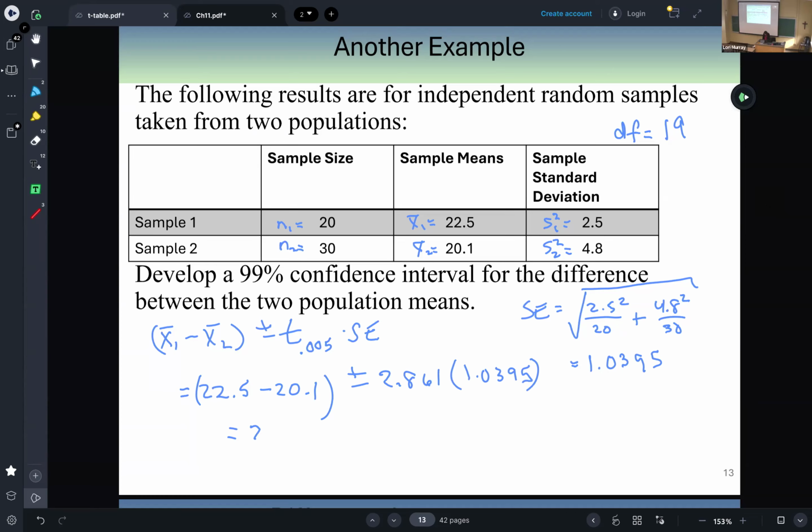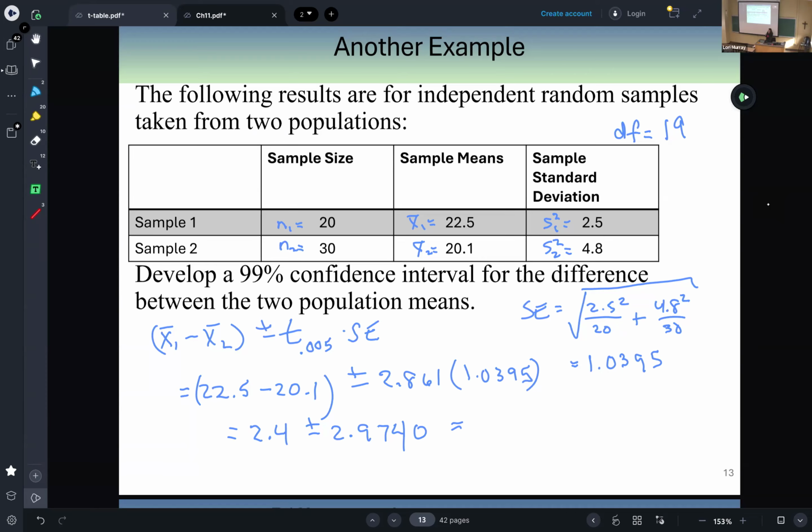2.4 plus or minus. I'm going to get the margin of error in here, 2.974. Let me just make sure. 2.861 times 1.0395, 2.974, which equals, we're going to get a minimum here.